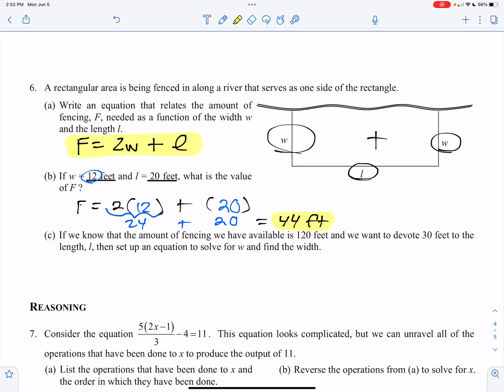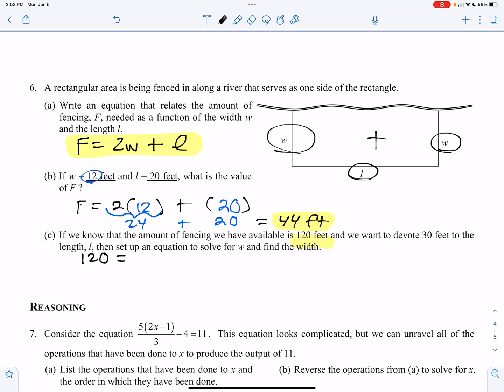Okay, so it says in part C, if we know the amount of fencing we have available is 120 feet, and we want to devote 30 feet to the length, then set up an equation to solve for W and find the width. Okay, we know what's available is 120 feet, so I'm going to start there. And that's got to equal what?